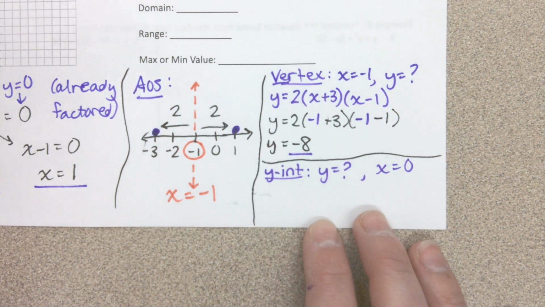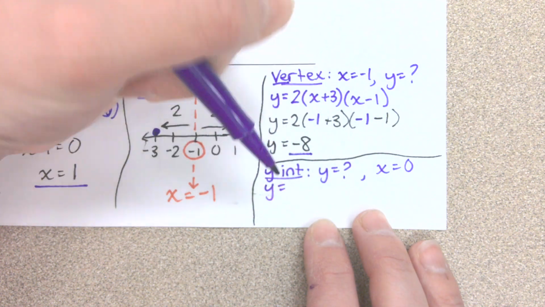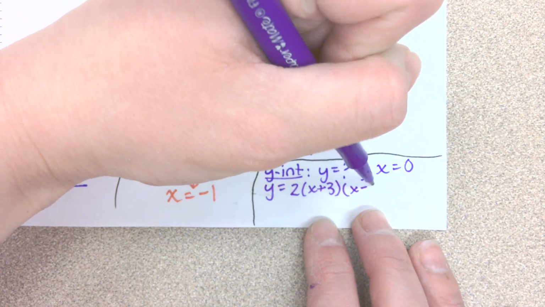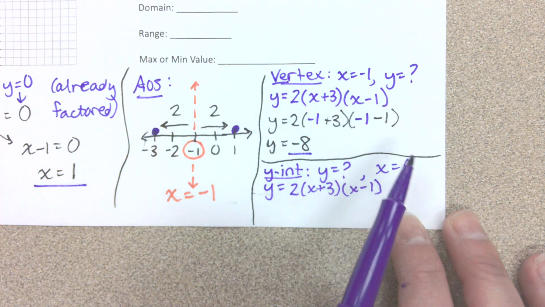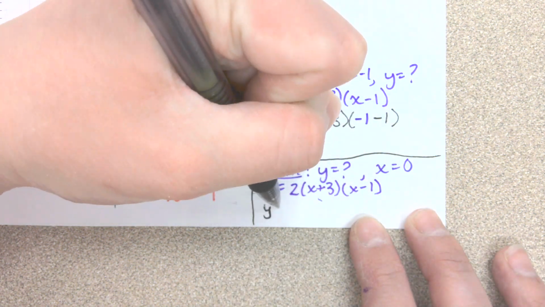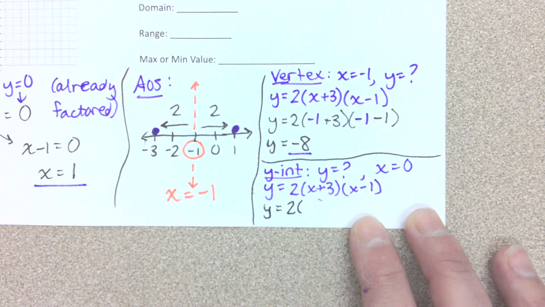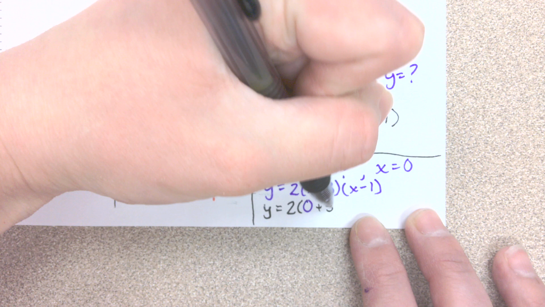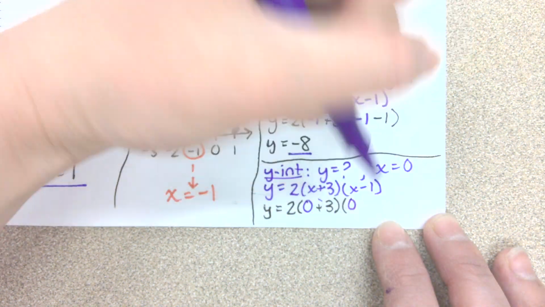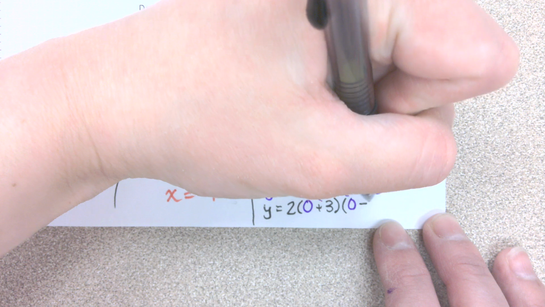And again, we have our equation: y equals 2 times x plus 3 times x minus 1. This time we're plugging in 0 for the x's. y equals 2 times 0 plus 3 times, once again, 0 minus 1.